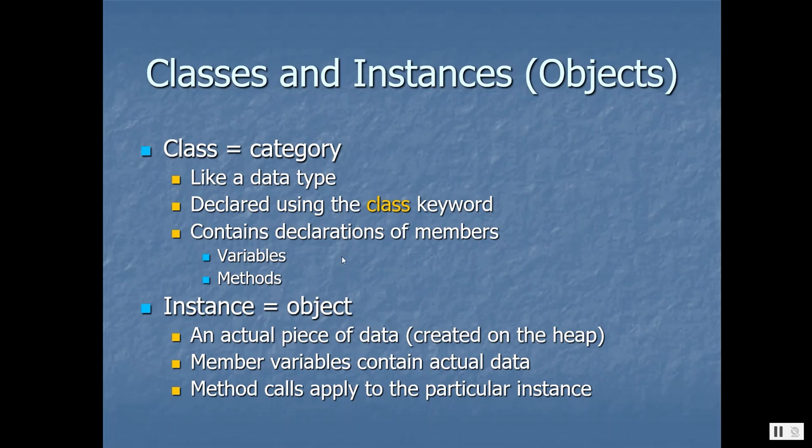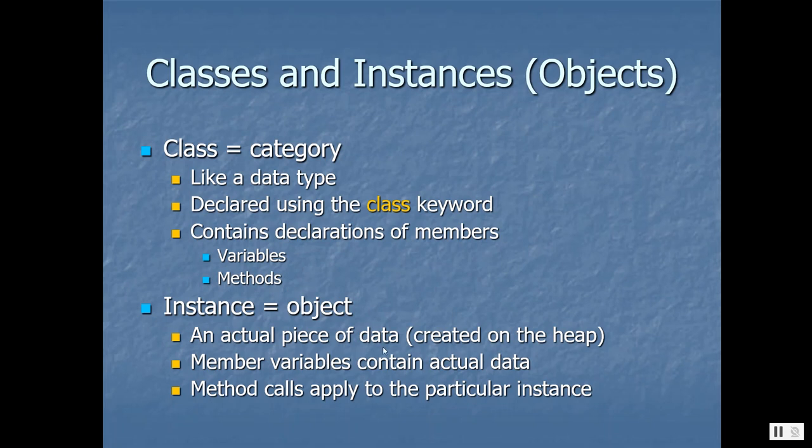However, it's different from an entity type in our ER modeling terminology because in addition, it has behaviors. So there's data and behaviors all embedded in a class, a category of things. And then an instance is kind of like an entity instance in our ER modeling terminology from before.